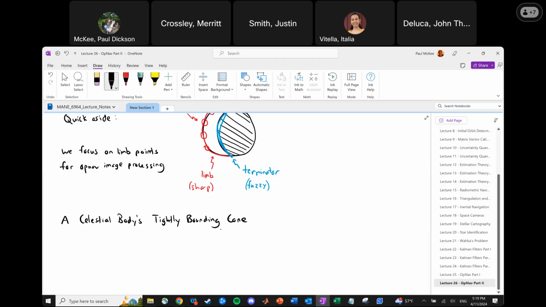Okay. So you can think of it this way. Every point in an image corresponds to a direction in 3D space.